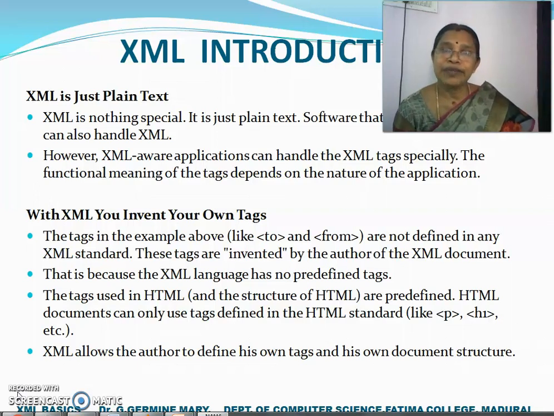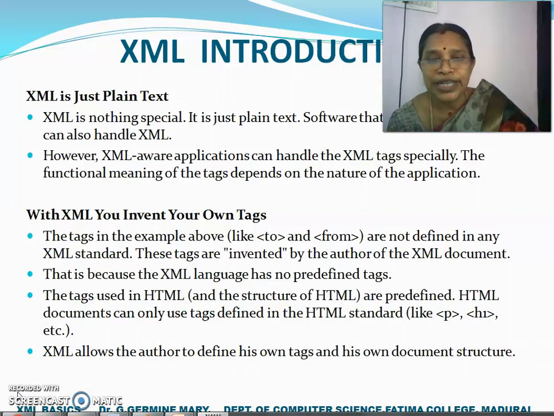With XML, you can invent your own tags. The tags in this example above, like to and from, are not defined in any XML standard. These tags are invented by the author of the XML document. This is because the XML language has no predefined tags.